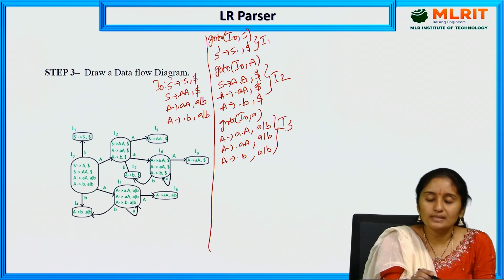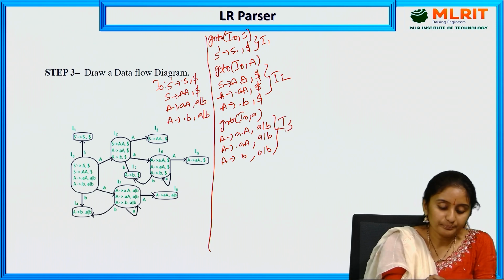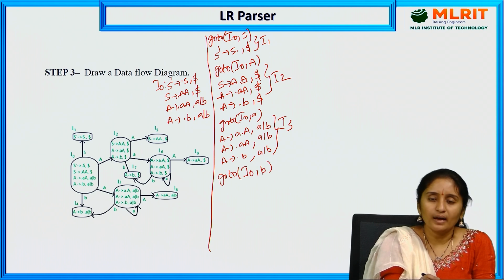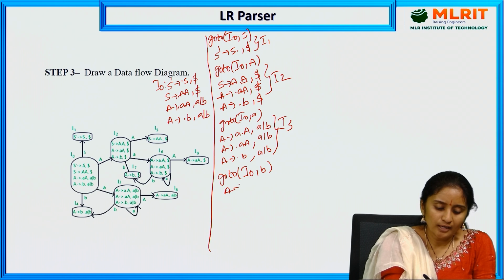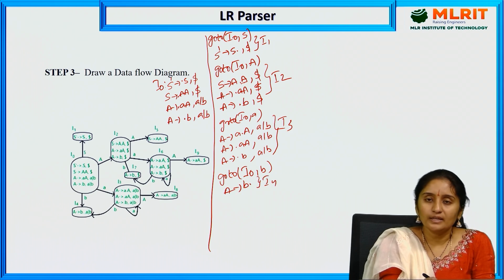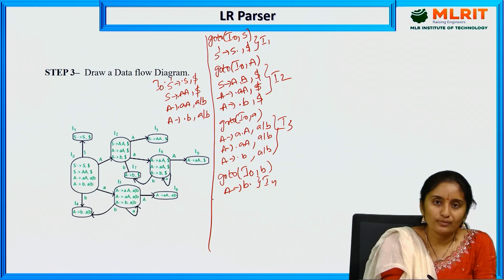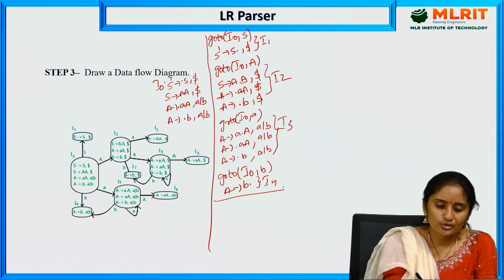So this is I3. Now goto(I0, b). A → B., a/b. This is I4. Now apply the goto function on the I2 state.